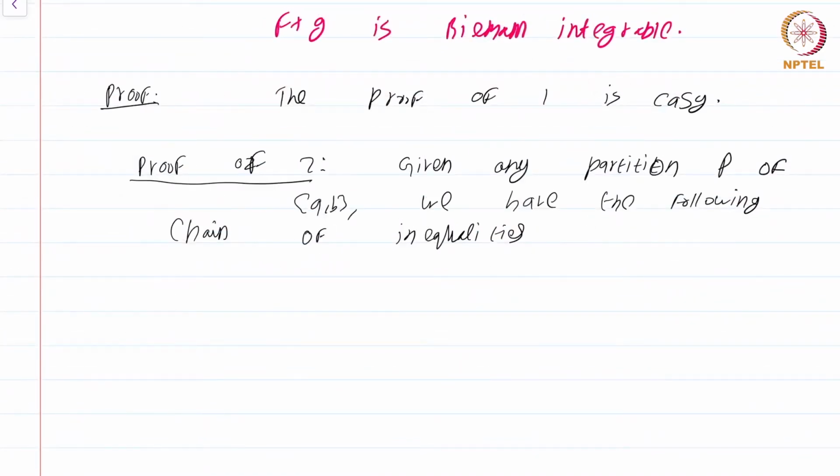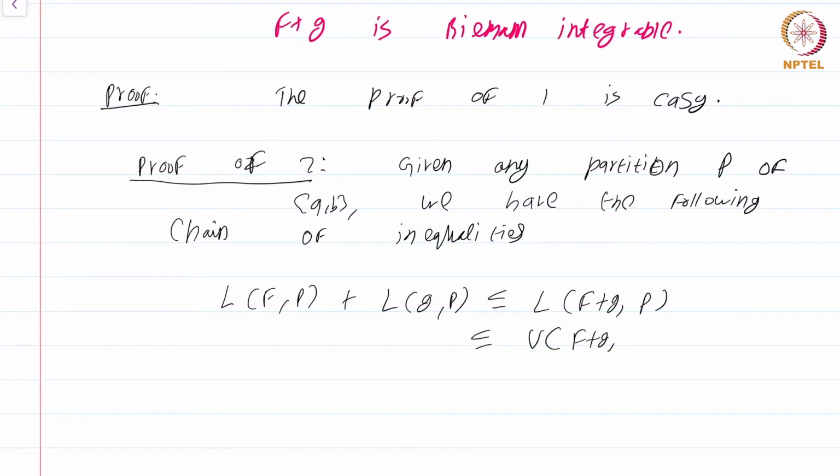We have L(f, P) plus L(g, P) is less than or equal to L(f plus g, P), which in turn is less than or equal to U(f plus g, P), which is less than or equal to U(f, P) plus U(g, P). We have this chain of inequalities. Let's see why we have this chain.